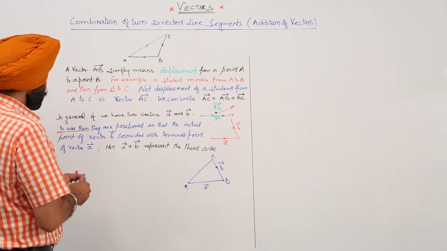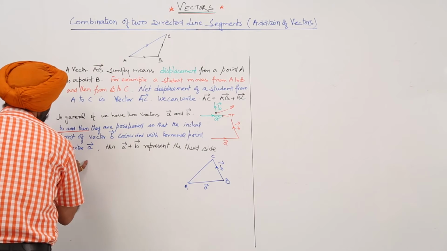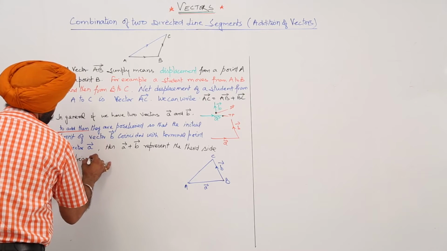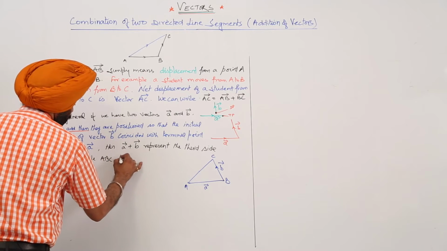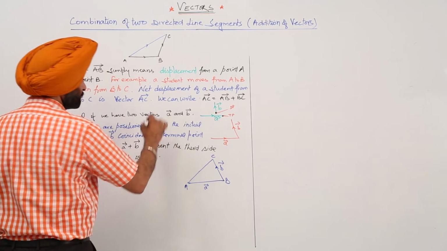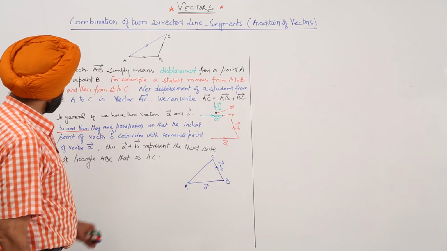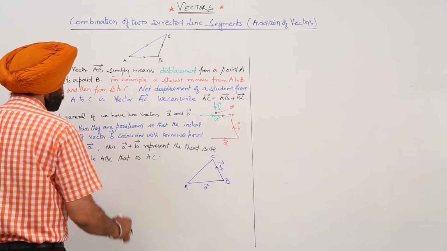Then A plus B represents the third side of triangle ABC, that is AC.